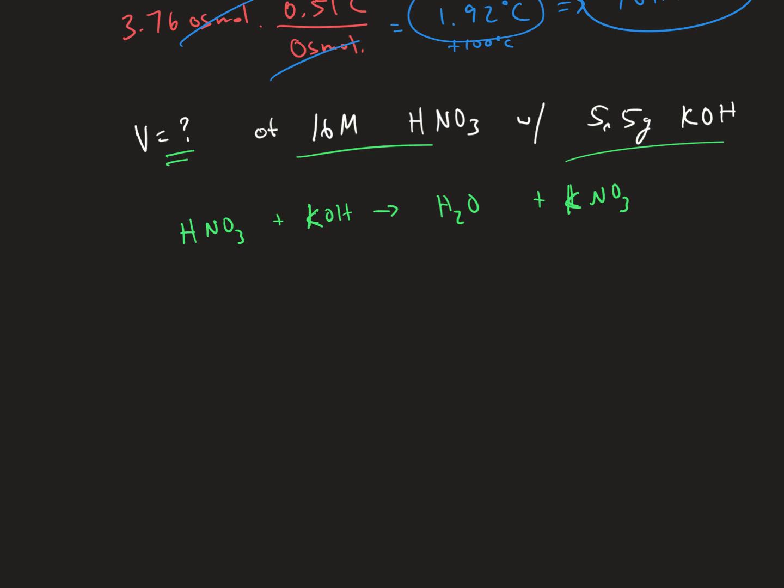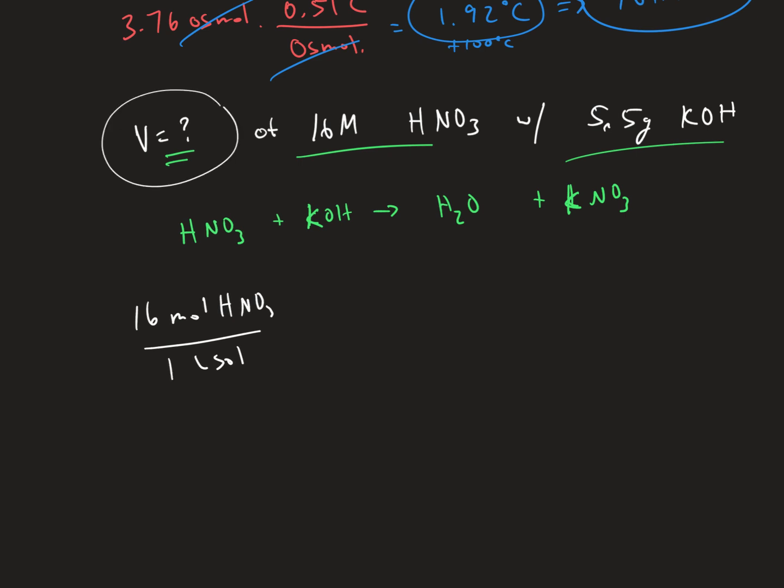Should we start with the 16 molar solution of HNO3 or the 5.5 grams of KOH? Does it matter? I don't think so. Should we start with 16 molarity? Okay, let's see what happens. 16 moles of HNO3 per 1 liter of solution, right? Can I convert this into something else yet?